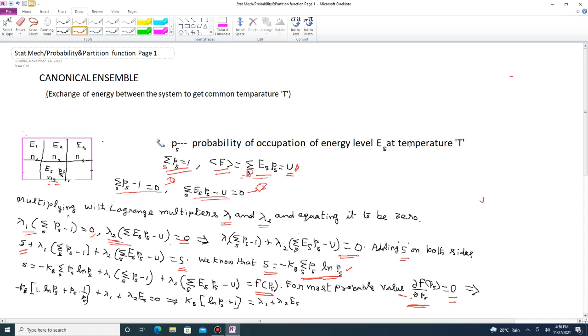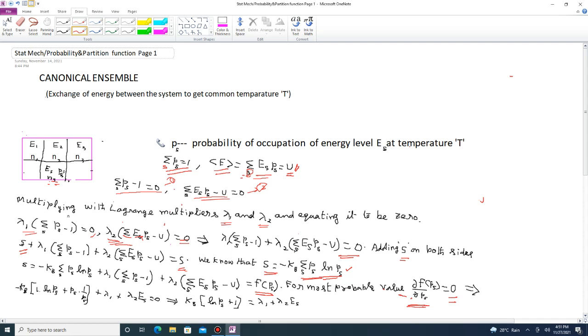You will get minus kB times 1 into logarithm of Ps plus Ps into 1 by Ps, which is the first term, plus lambda 1.